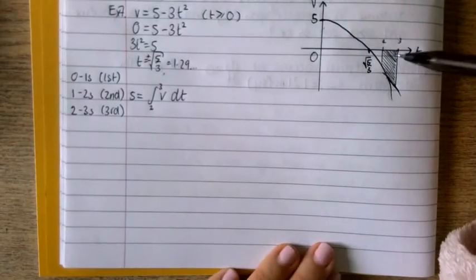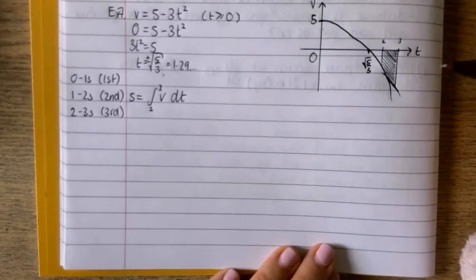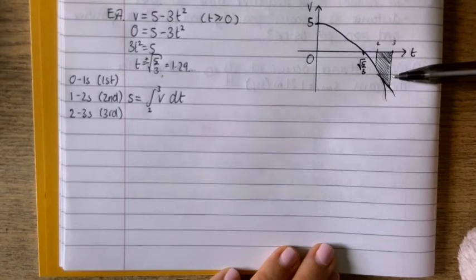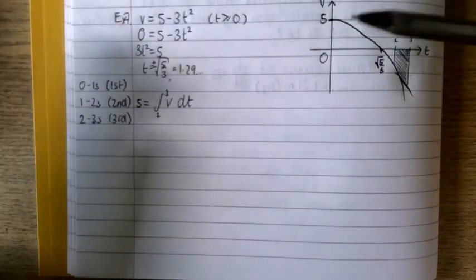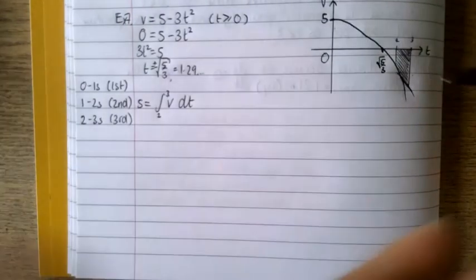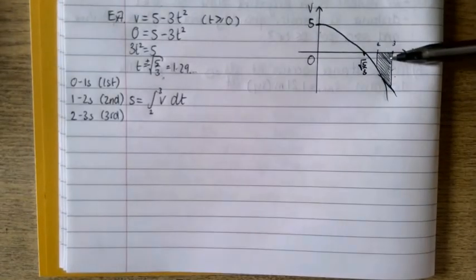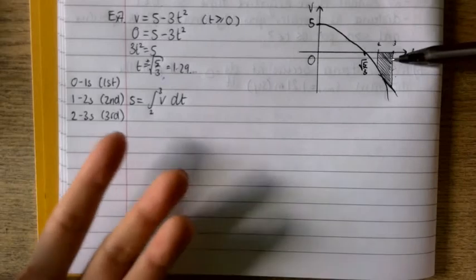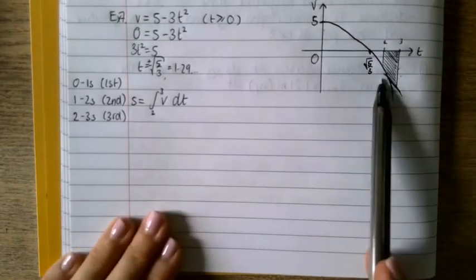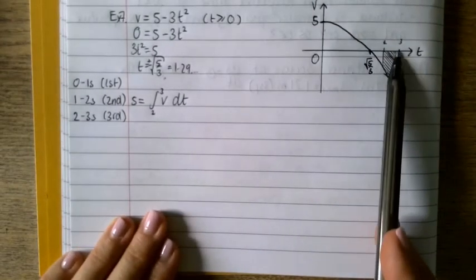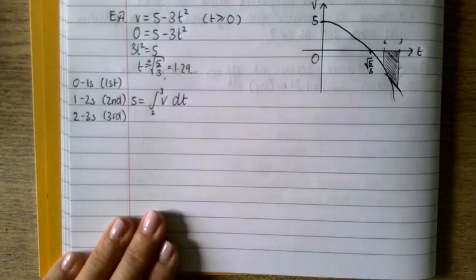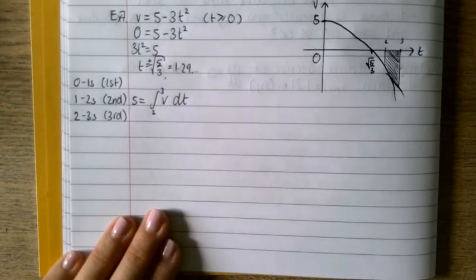And you'll notice that this is below the x-axis, so we're going to get a negative. And that's because velocity is a vector quantity, and therefore displacement is a vector quantity. So displacement's allowed to be negative, but we will have to adjust that and make it positive. But this is essentially what we're looking for, this area here, the distance between 2 and 3 seconds.